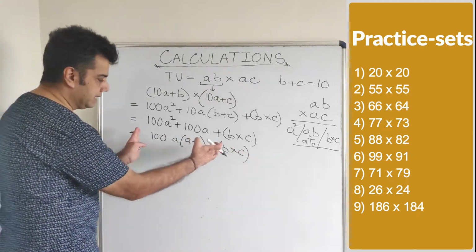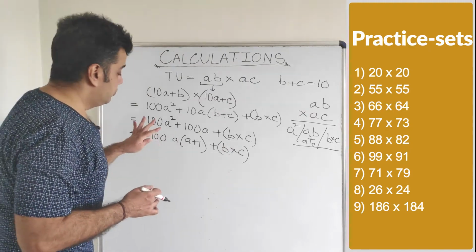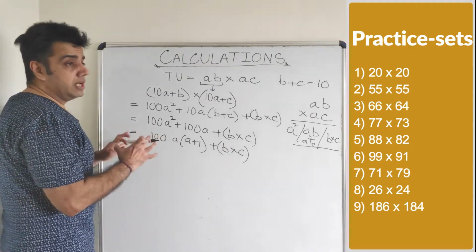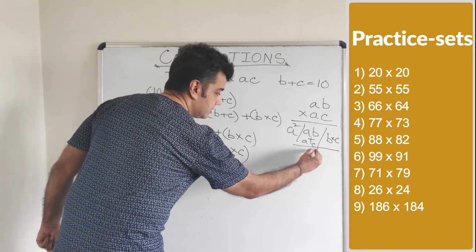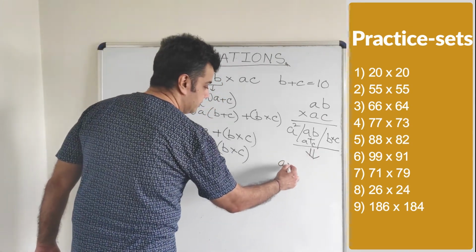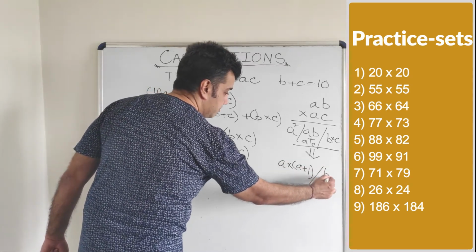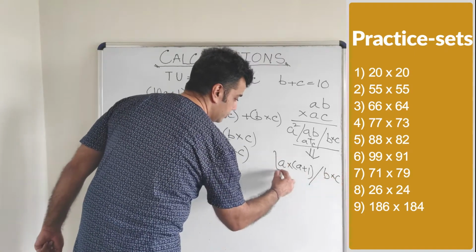So what is the interpretation here? When I am doing such a calculation, the left hand side of the answer will simply be A into A plus 1, followed by B into C.